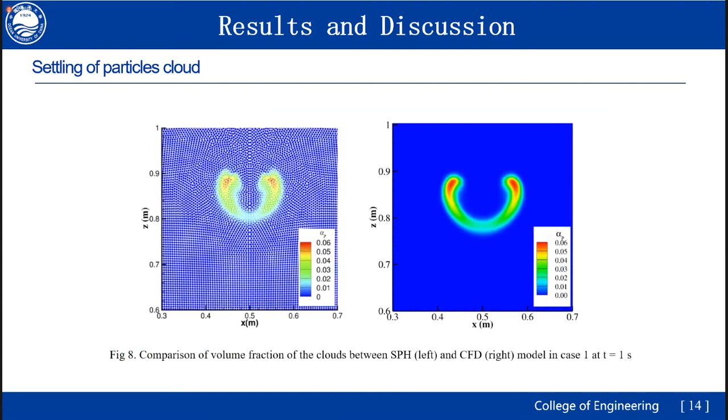Now after 1 second we give the picture of the sediment concentration. This is the SPH model, we can see the shape. This is the CFD model. The results are quite similar, and the sediment volume fraction distribution is also similar. This is at 1 second.